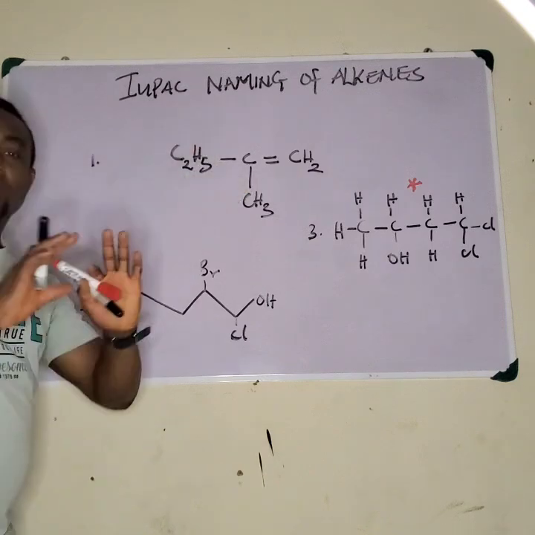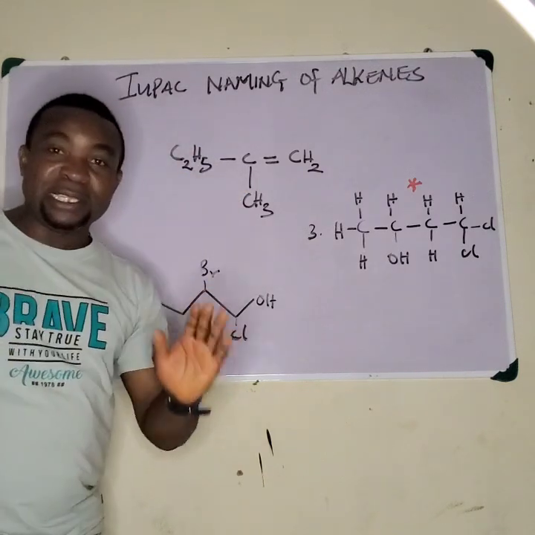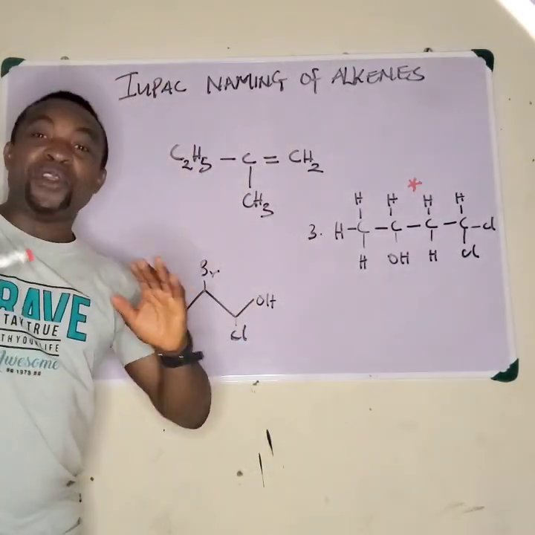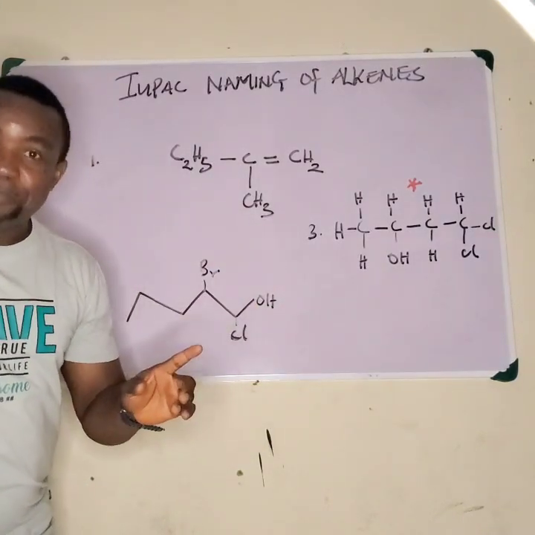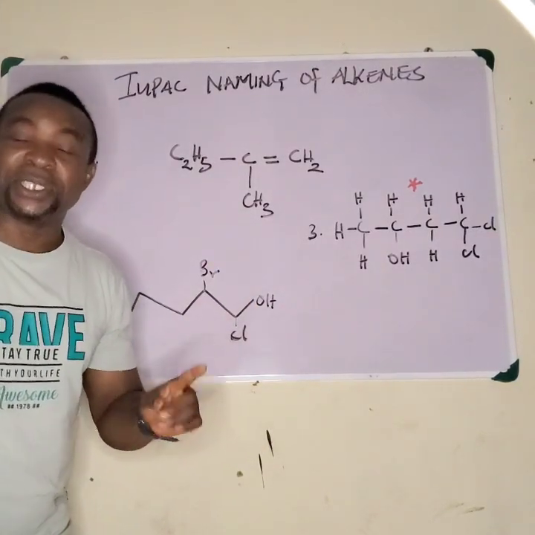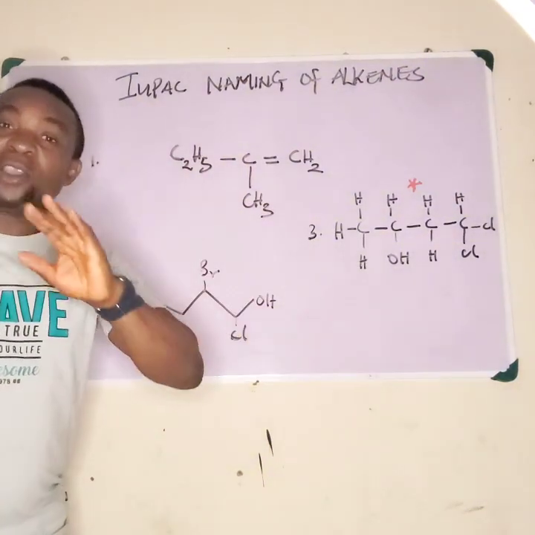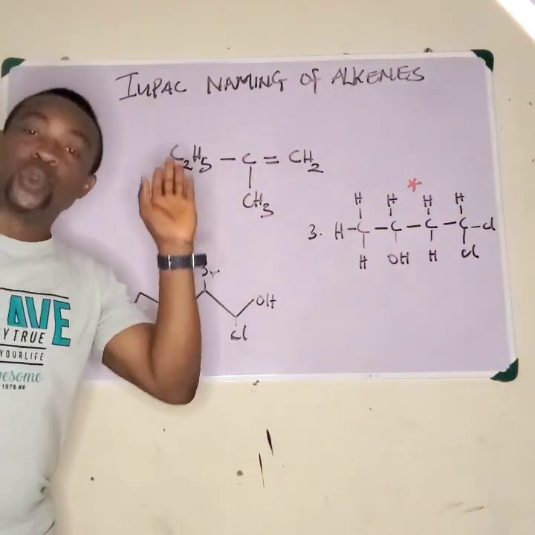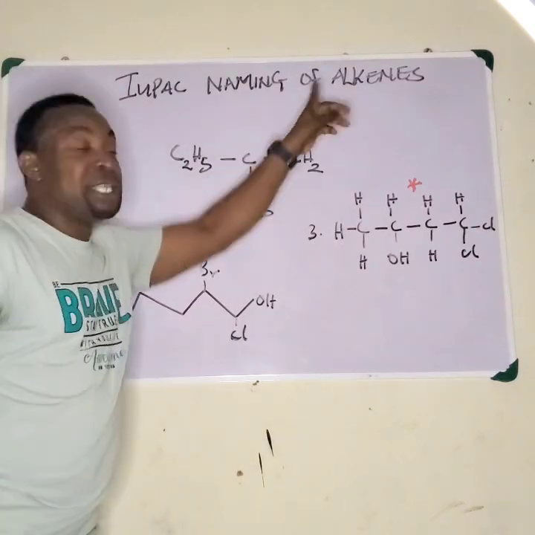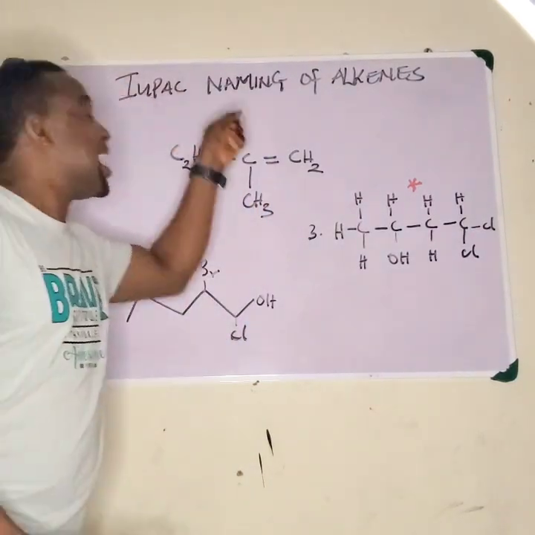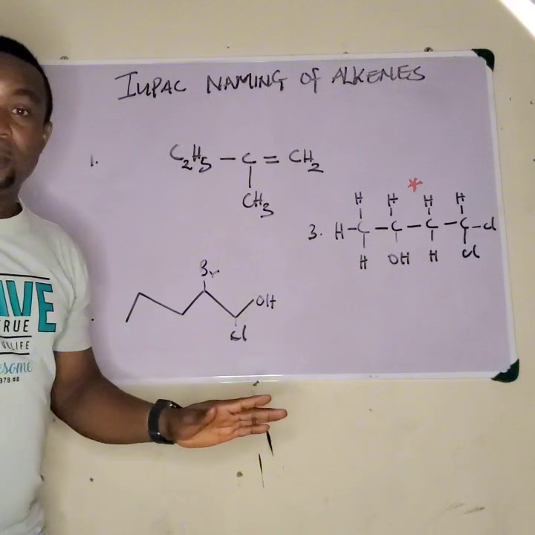Let's name this. In naming alkenes, like we have done with alkanes, the suffix -ane, please pardon my pronunciation, we have done the naming. The same rules are applied to alkenes (-ene) and alkynes (-yne).